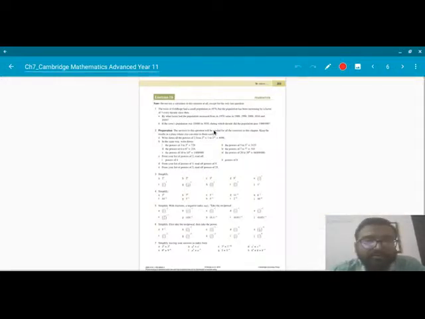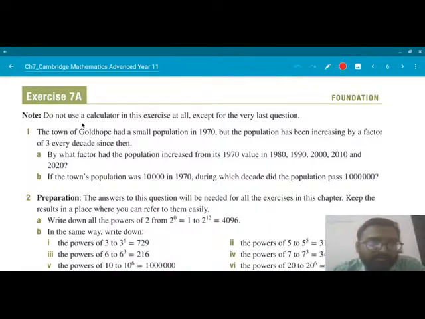Okay, so next, we have some exercises here. Don't use the calculator in this exercise at all, except for the very last question. The town of Gold Hope had a small population in 1970, but the population has increased by a factor of 3 every decade since then. Factor means it's multiplied by 3.